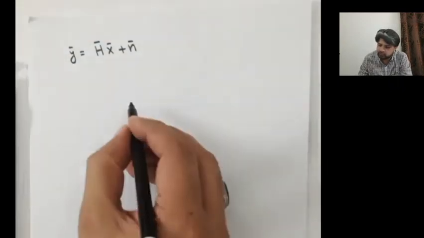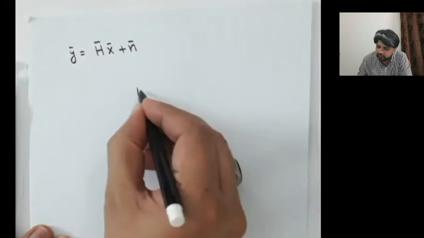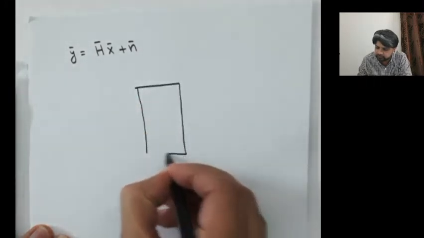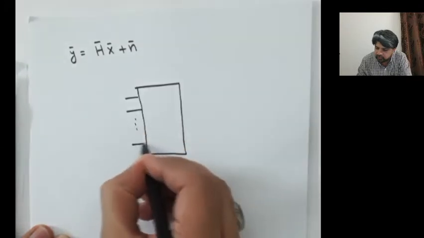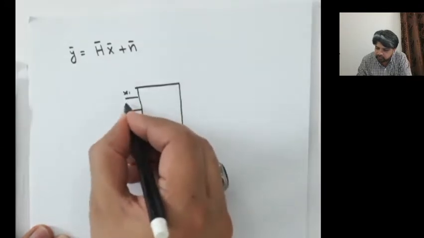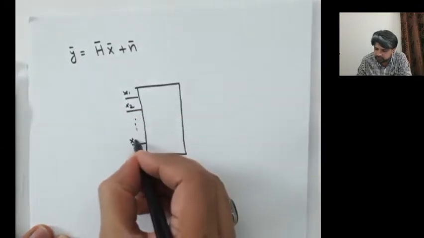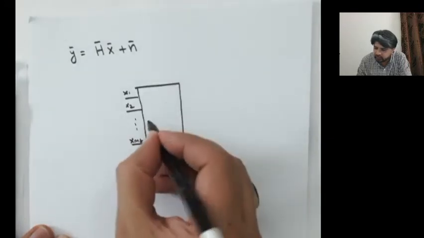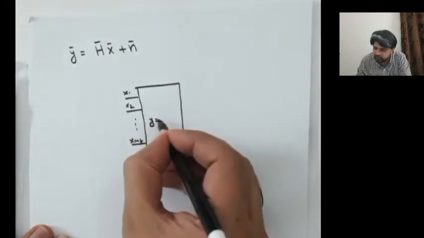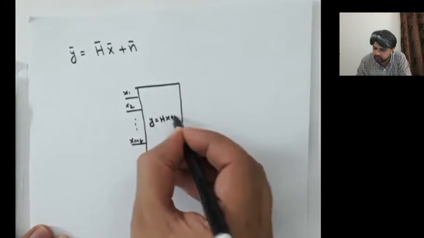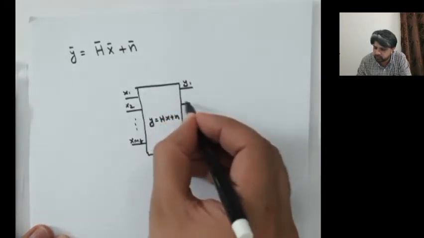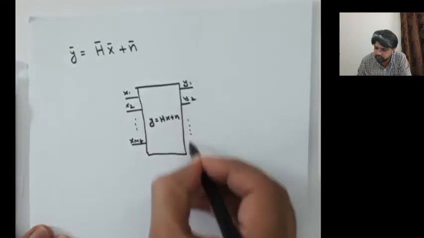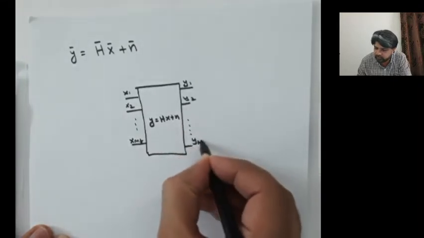And then we said that, for example, if we have this as a system model, that is, if X is input to this channel, then it would output Y, which is nothing but Hx plus N. So the output would be Y1, Y2, up to YMR.